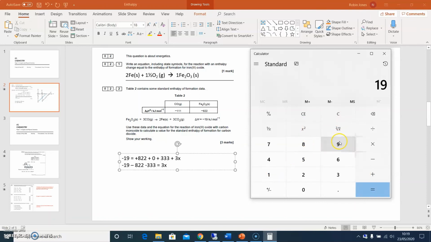We'll just do them all as positives and then minus them all at the end. I'm making a mess of this. 19, add 822, add 333, all of those, and I'll make it a minus. Minus 1174.